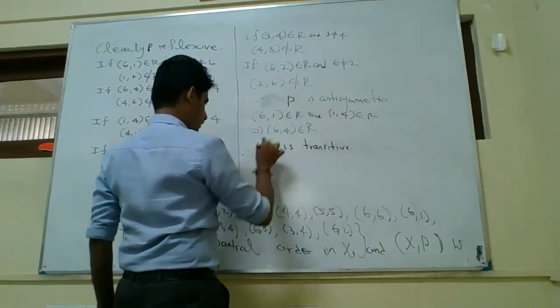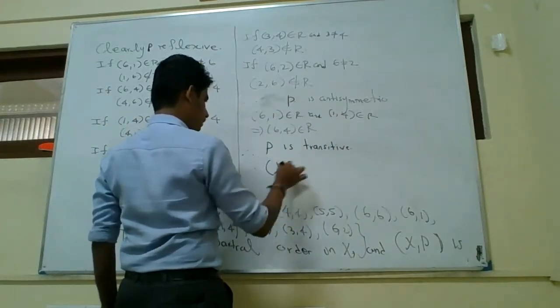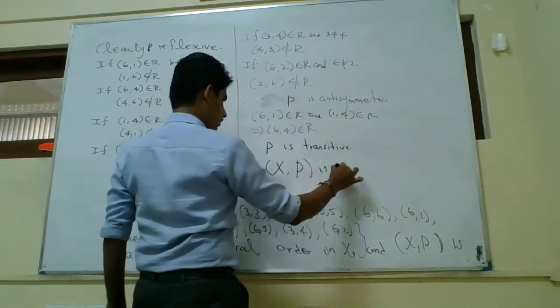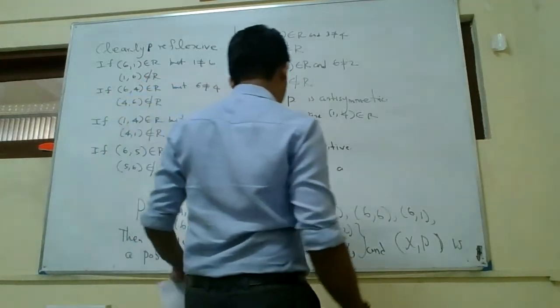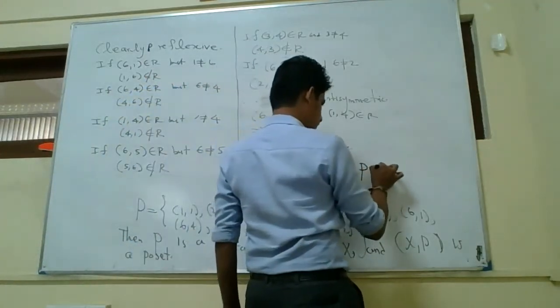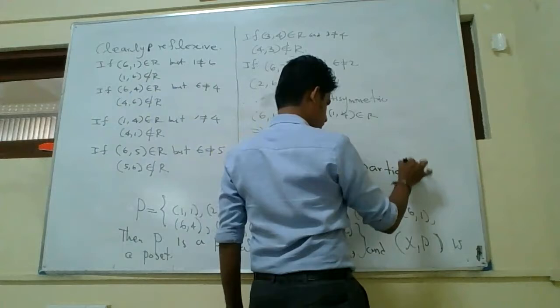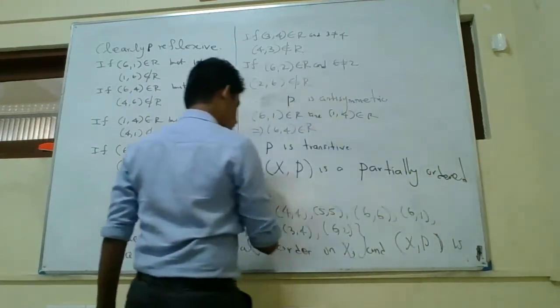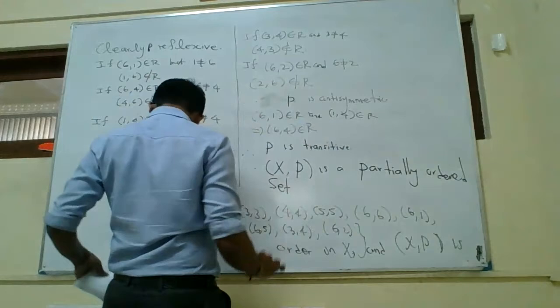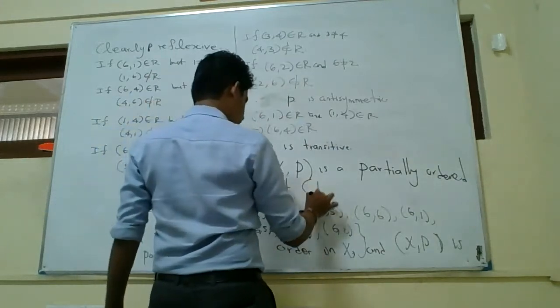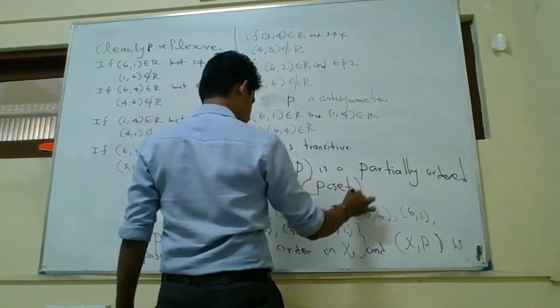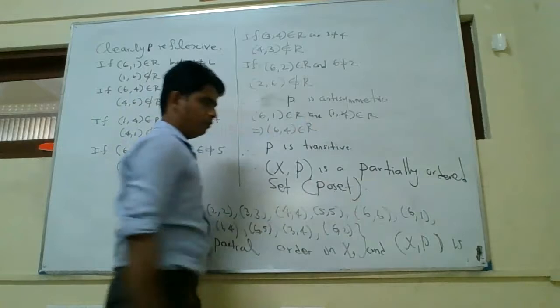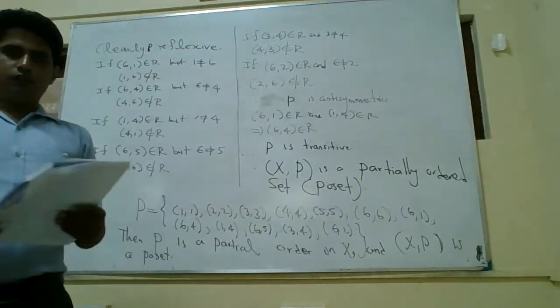Therefore this set X, P is a partially ordered set, otherwise called a poset.